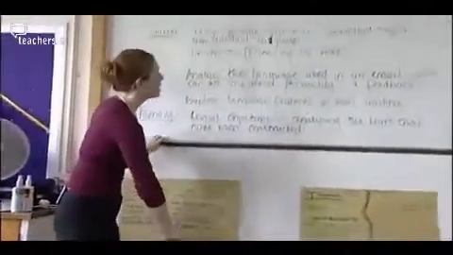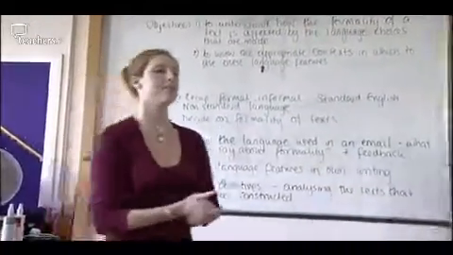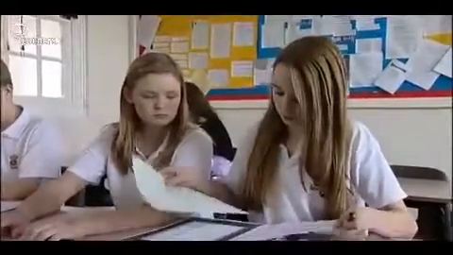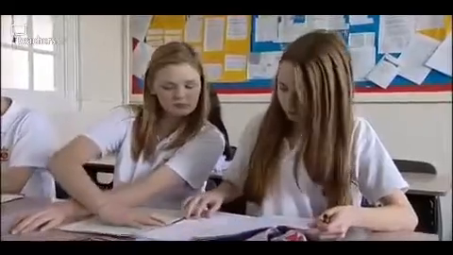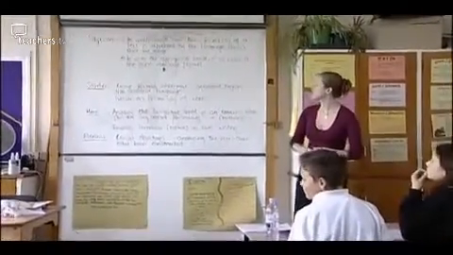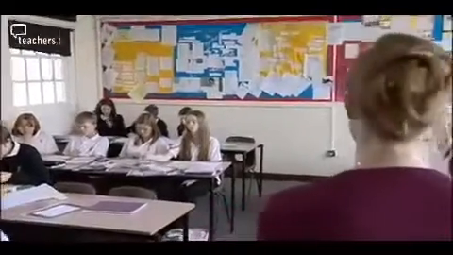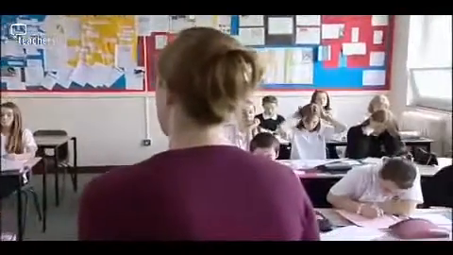Okay, back to these learning objectives. Right, on the floor. Okay. Look at your sheet that you've just filled in. You should see that you have understood these two things. So, first of all, understand how the formality of a text is affected by the language choices that are made. What kinds of things were you analysing earlier in the lesson?